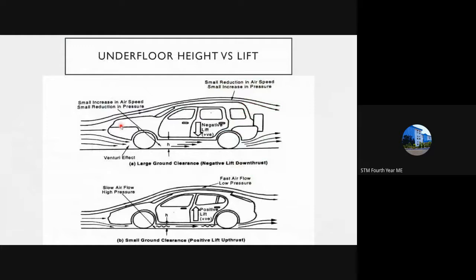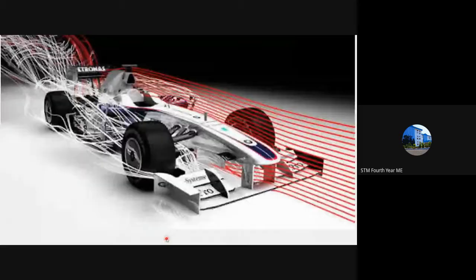Okay, one point I missed is that in the underfloor height versus lift, you can see there are two conditions: large ground clearance and small ground clearance. But in Formula One cars, you are not providing any ground clearance. You can see here there is a component or a part that is fixed here, which we will be studying.